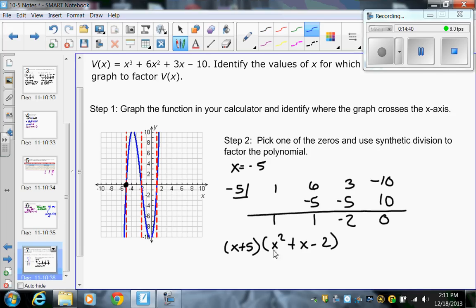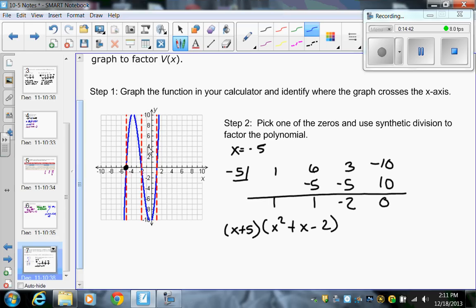But this can be factored further, and you can either pick another 0, like you could pick -2 or even +1 and use synthetic division with these, or just factor this as normal. So that's going to be x plus 5. Two numbers that multiply to be -2 and add to be 1 would be +2 and -1. And then it's completely factored.